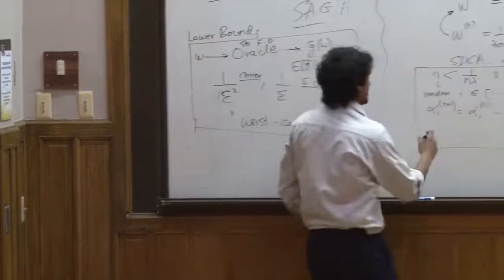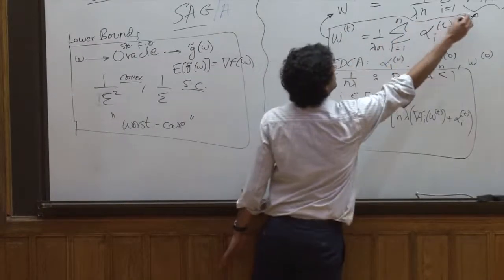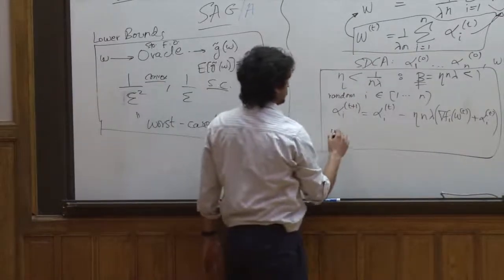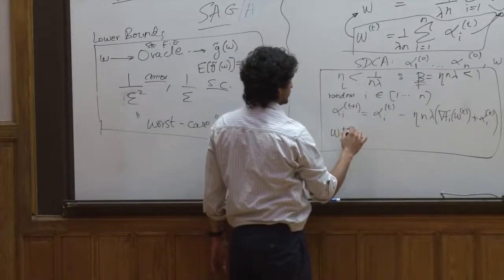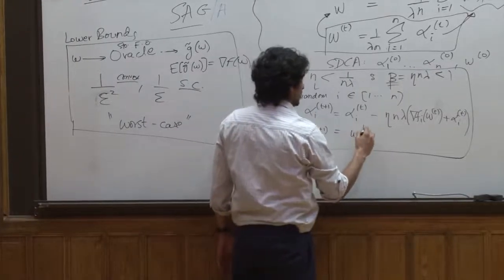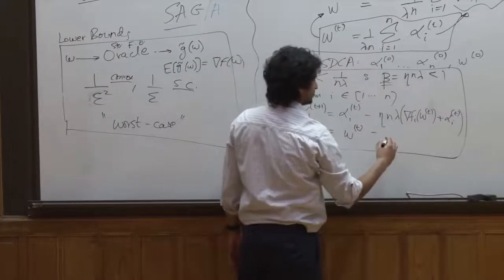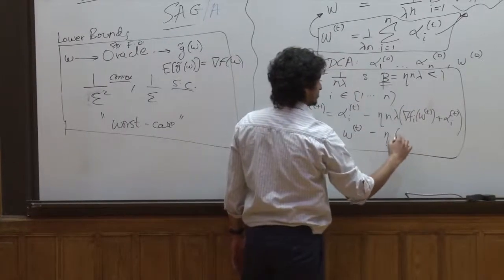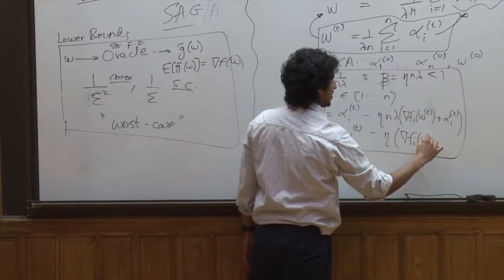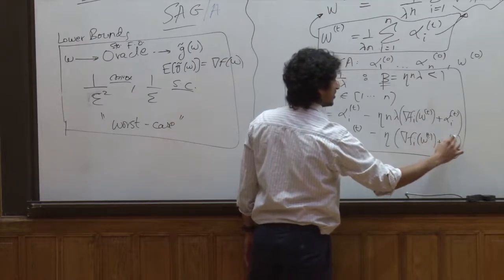So that's amazing. Of course, we have to update the W's to maintain this relationship, remembering that we are maintaining it at every step. So Wt plus 1 is going to be Wt minus, and there's a 1 by lambda n over there, so this will just be eta times the gradient of fi at Wt plus alpha i t, something like that.